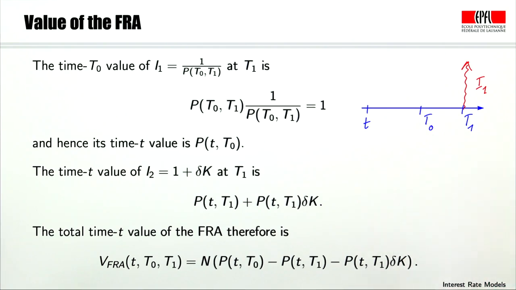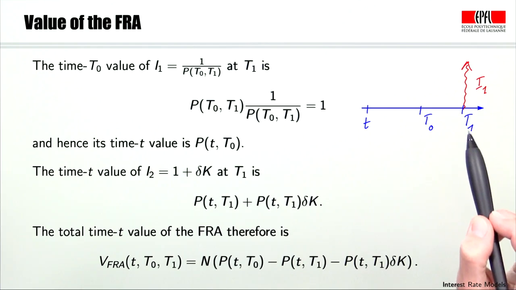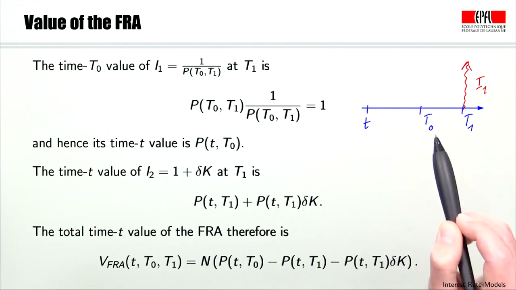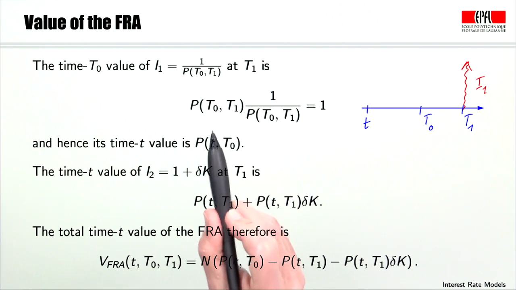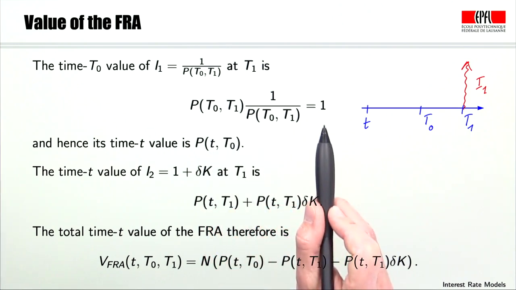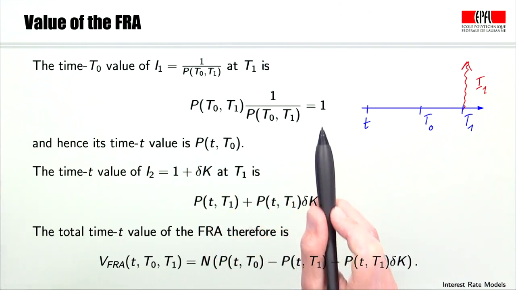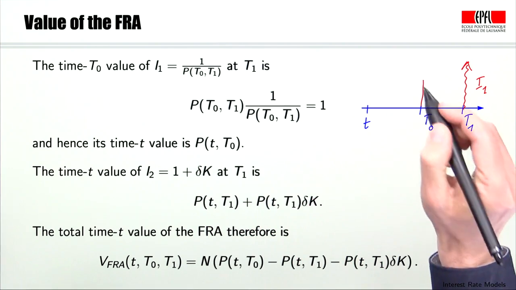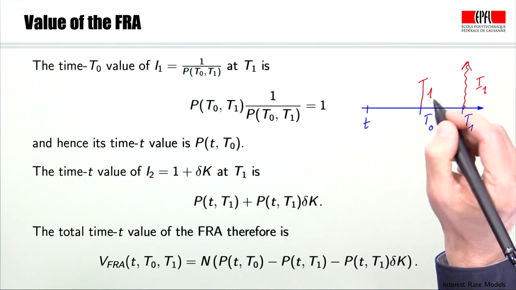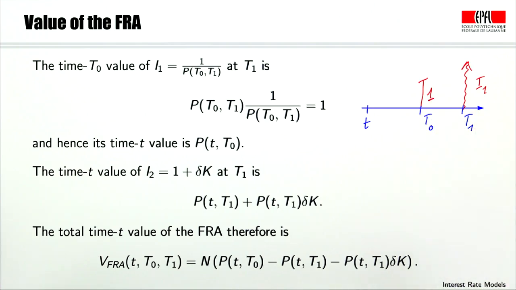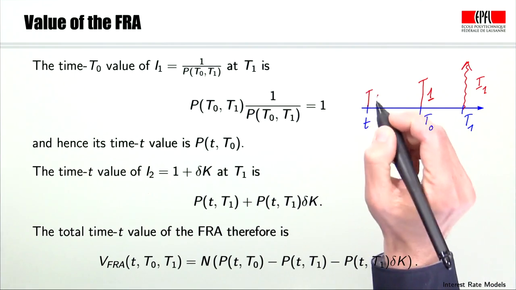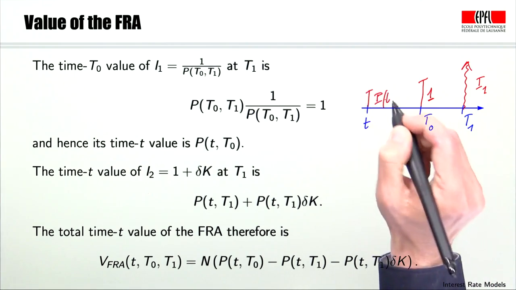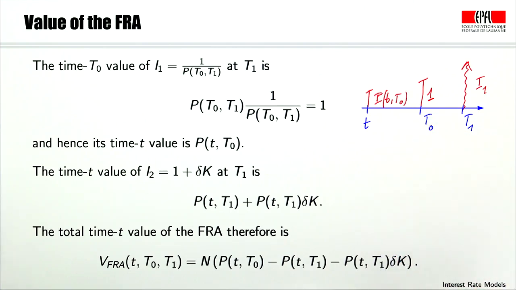Hence, the value of this cash flow I1 at time T0 is given by simply multiplying it with the T1 bond price. But since I1 is the reciprocal of the T1 bond price, we get as value at time T0 1, so that the time small t value is the T0 bond price.